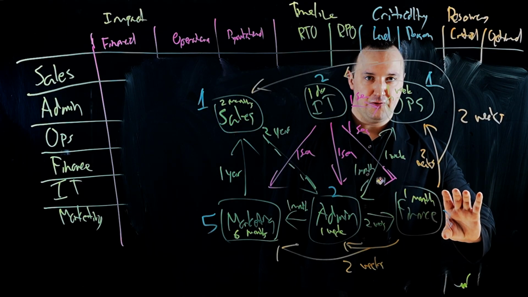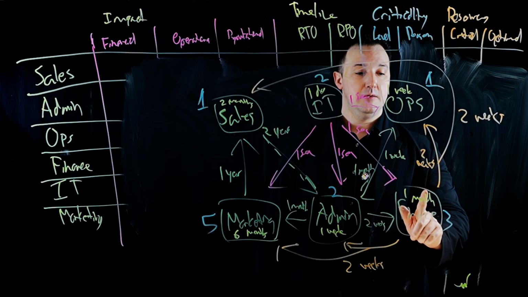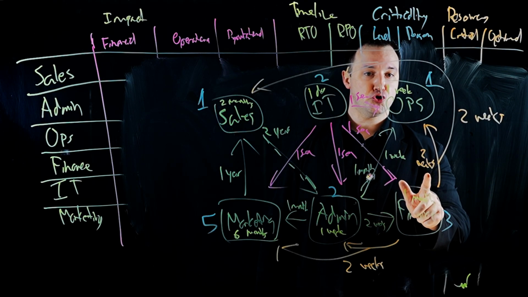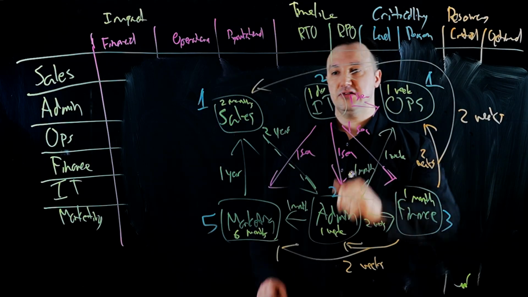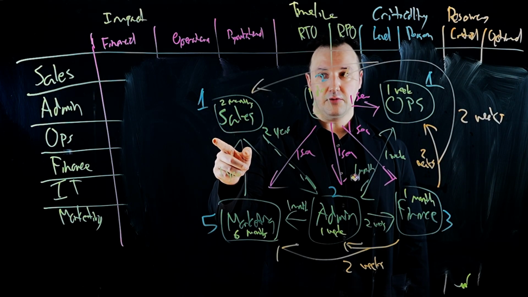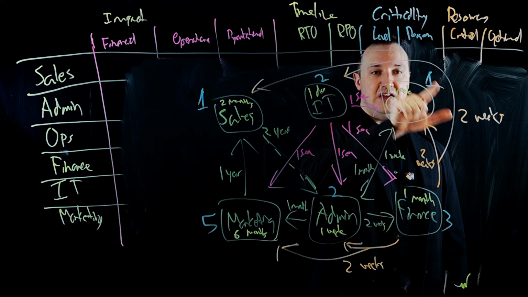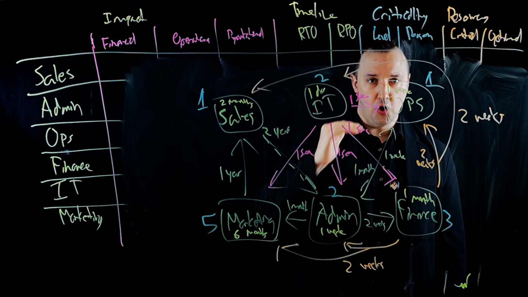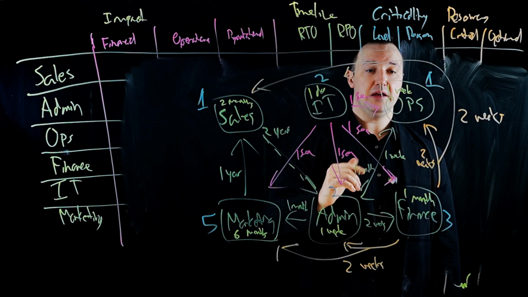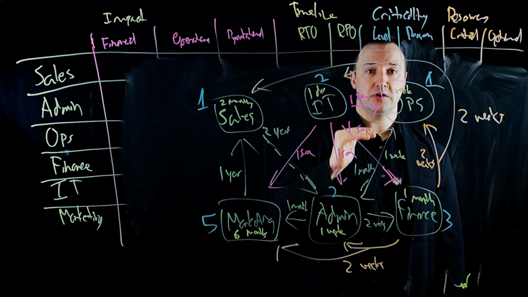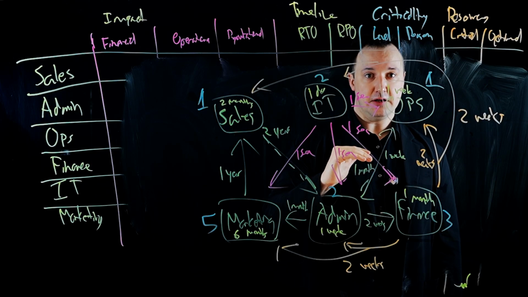So finance is out for 1 month, and now suddenly payroll is delayed. After 2 weeks, ops gets knocked out. After 2 weeks, sales gets knocked out. After 1 week of ops being knocked out, you have hit the RTO of ops. This is no longer a tolerable outage. The business has said, I am not letting this happen. I better make sure that my machines are running within a week, period.